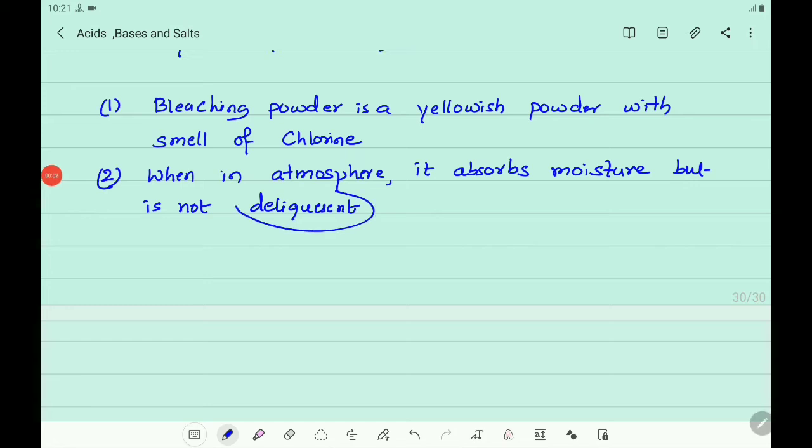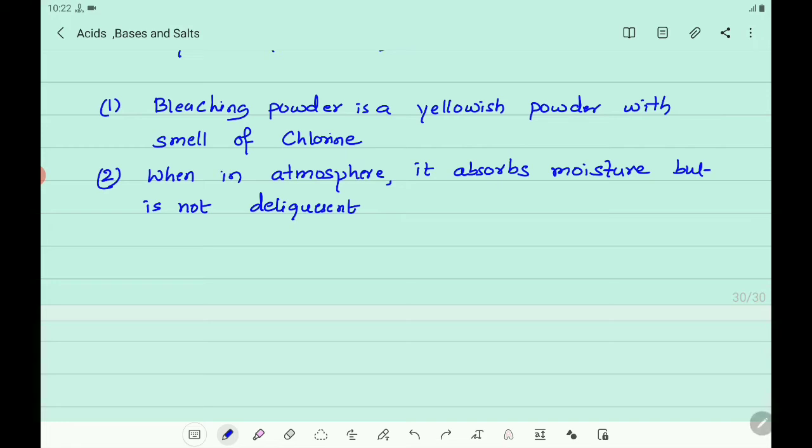Here we used the term deliquescent. Know that deliquescence refers to the property of a substance to absorb water from the air, dissolve itself and form an aqueous solution. Materials with this property are termed deliquescent.